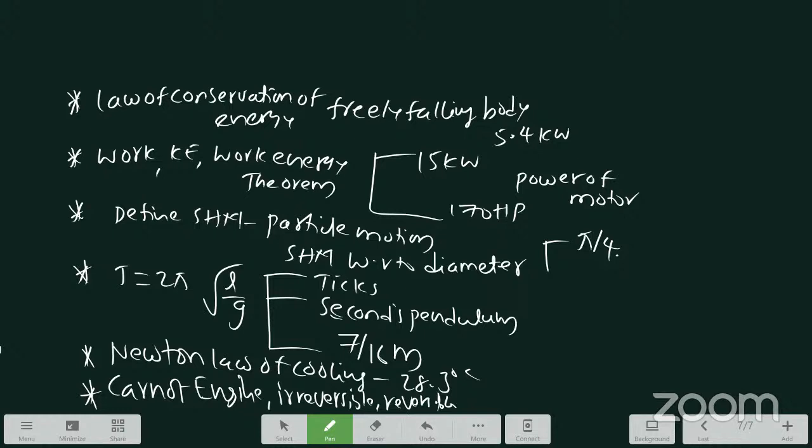Otherwise, minimum 4: first 2, second 2. Otherwise, second 2, last 2. Otherwise, first 2, last 2, like this. 4 plus any one extra. Minimum 4, maximum 5. From this, you are getting 100% for LAQs. This is for the LAQ purpose. I explained 6. Now we are going towards SAQs.